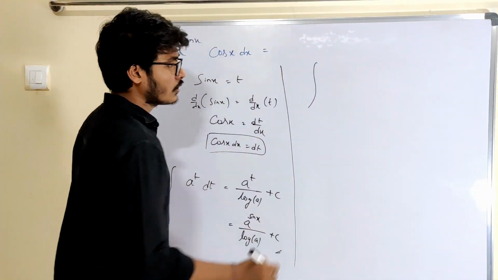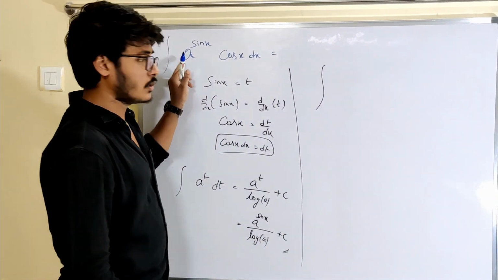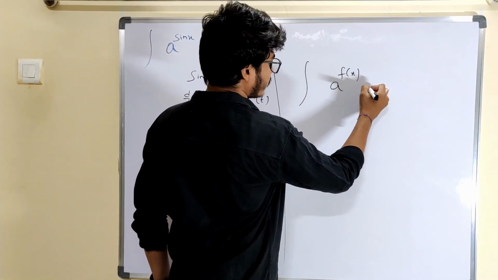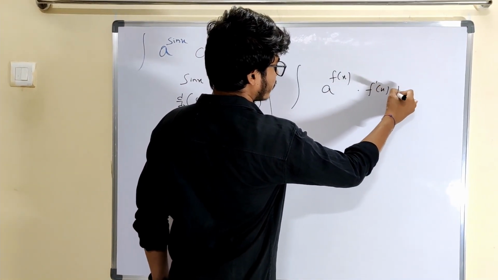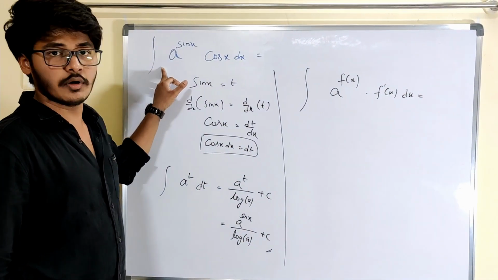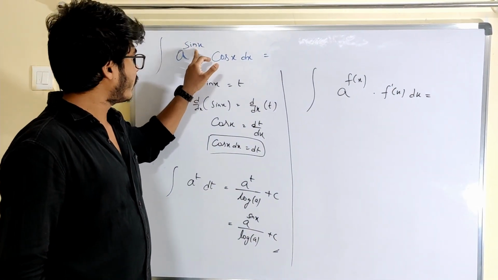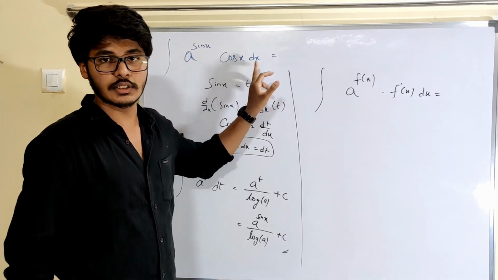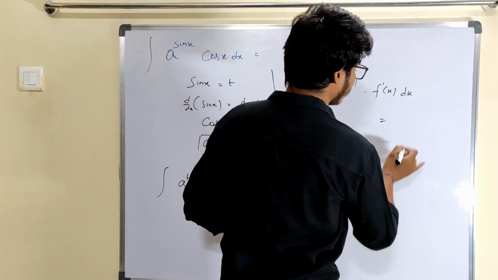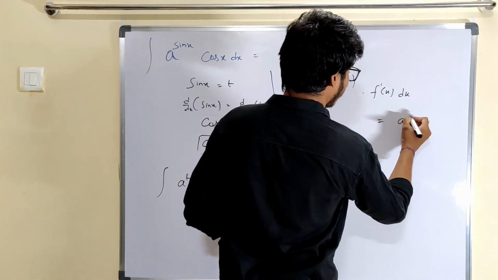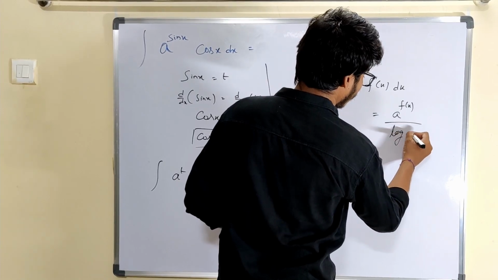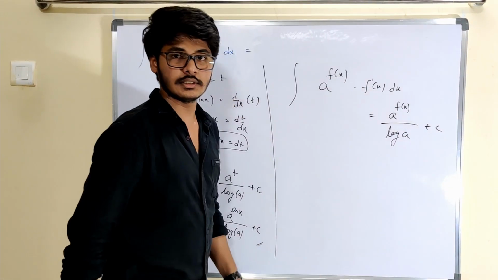This question is in the form of integral a power f of x into f dash of x dx. So we can write directly as a power f of x by log a plus c.